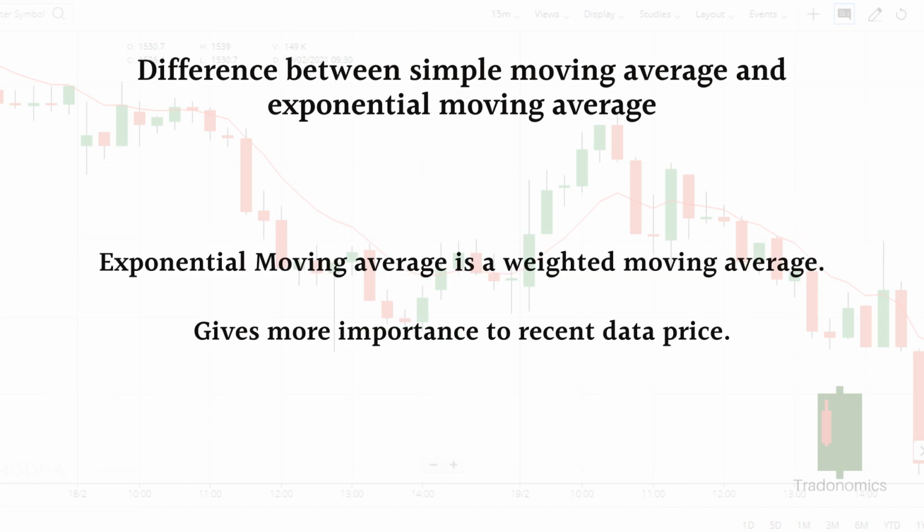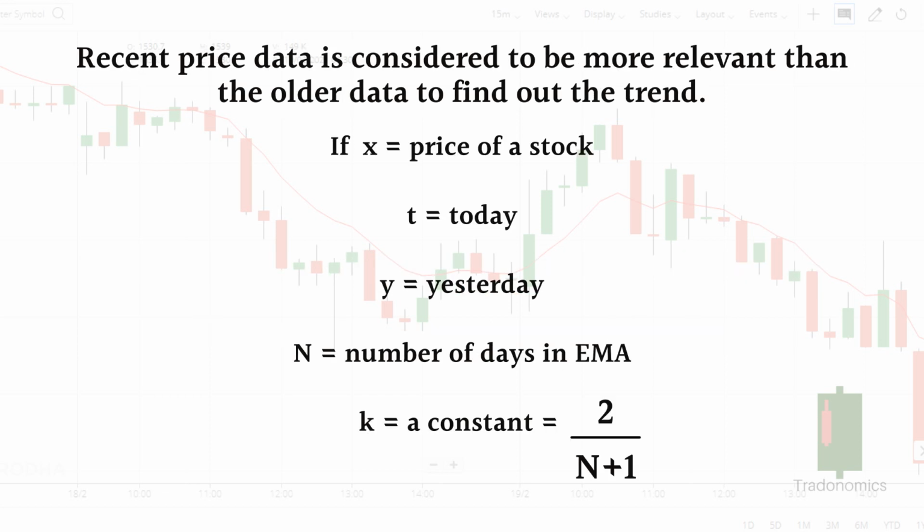Now, what is the difference between simple moving average and exponential moving average? Unlike a simple moving average, an exponential moving average is a type of weighted moving average which gives more weighting or importance to the recent price data. The recent price data is considered to be more relevant than the older data to find out the trend.